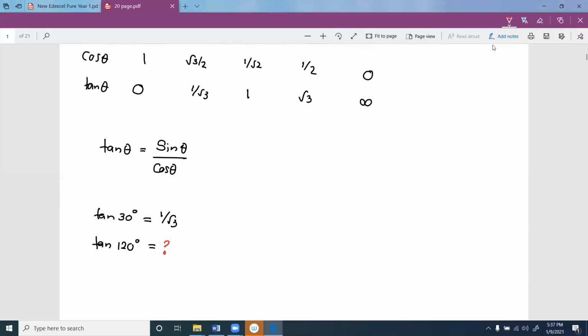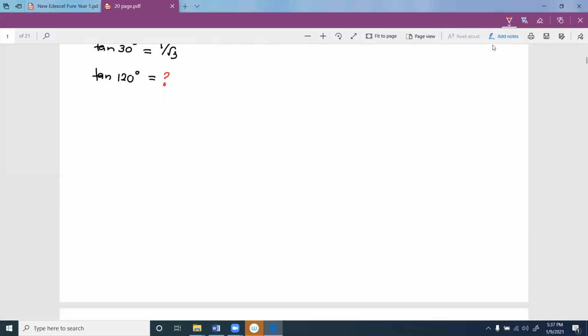For that, we are using a method called the quadrant method. Let's see how to use this quadrant method. Initially, what you need to do is divide your page into 4 segments like this. Then divide this into 4 subquadrants, just like this.